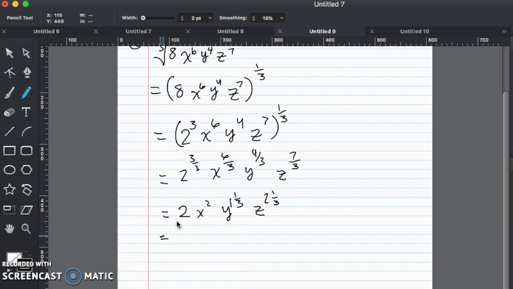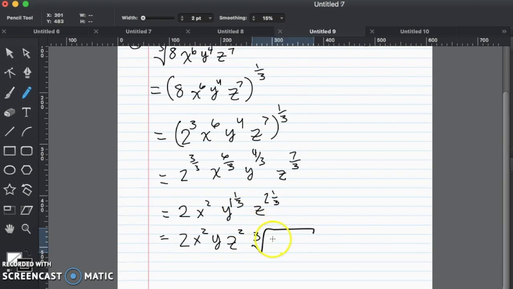Okay, so next thing I want to do is rewrite this so it's a little bit nicer. So I have 2x squared. This is just going to be a y, so that's going to be the 1. This is going to be z squared, so again, that's the 2. And I'm going to have the cubed root, I put everything else. So I have the 1/3 y, so I have one of those.